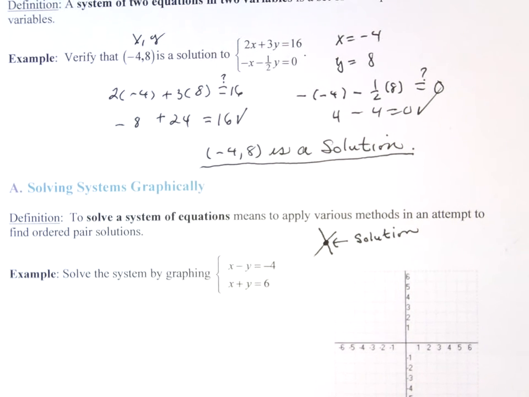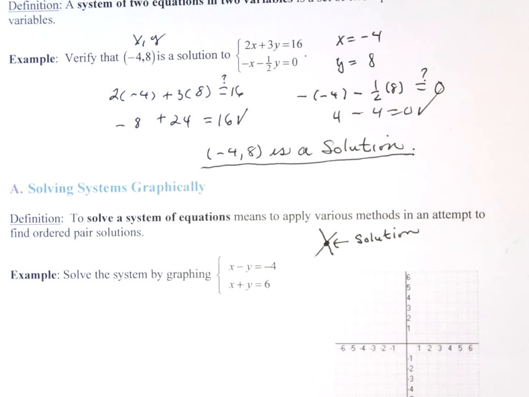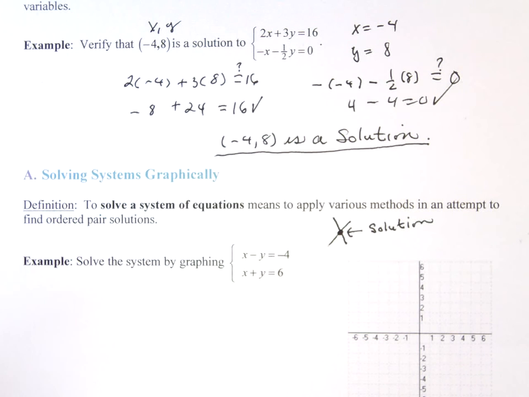So for me, by the way, graphically is not a way that you really want to solve systems. I can check my answer graphically using my grapher. But I certainly don't usually solve systems graphically by hand.